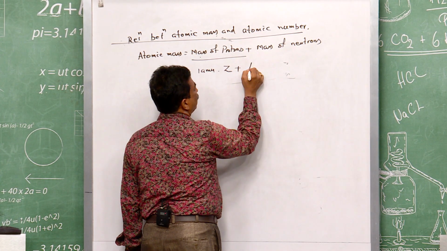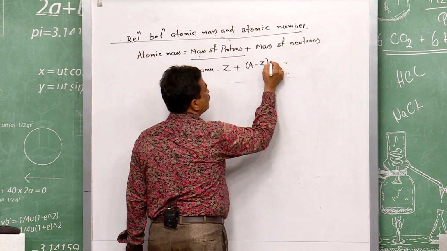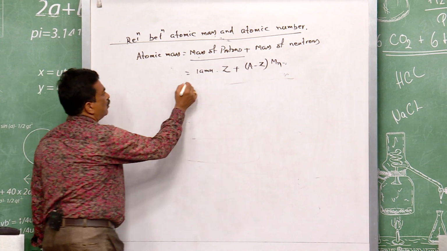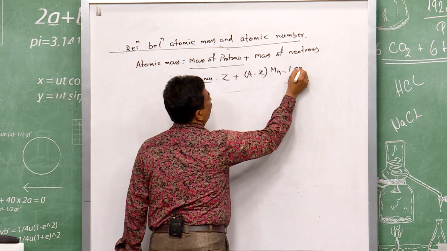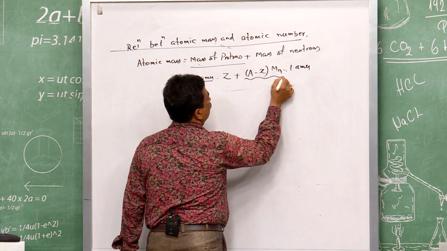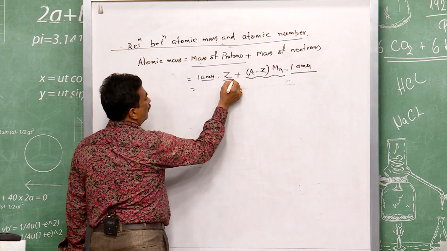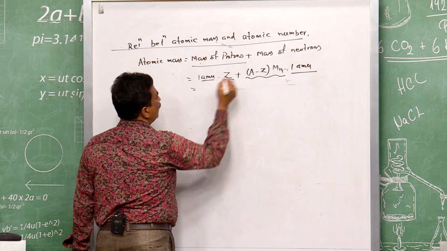The number of neutrons is equal to A minus Z, and the mass of the neutron we have written as mn. So this is approximately 1 AMU, because this is the total number of neutrons into the mass of a neutron, and this is the total number of protons into the mass of the proton. So 1 AMU is common.